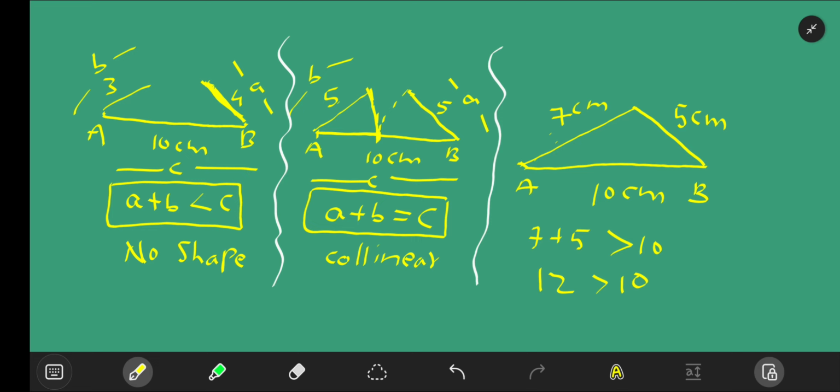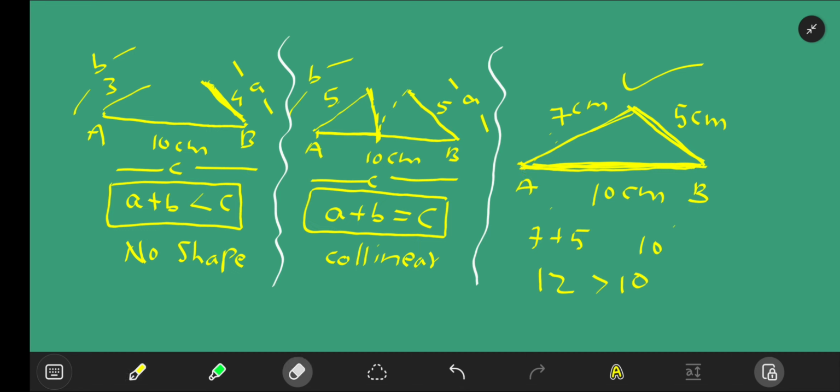So in the case where the sum of the lengths of two lines is greater than the third side, the closed figure is forming. This is the condition of formation of a triangle. A triangle will form either upwards or downwards if the sum of these two lines is greater than the third side.